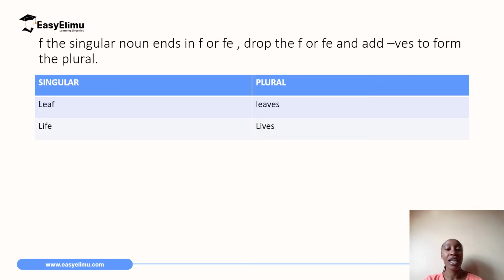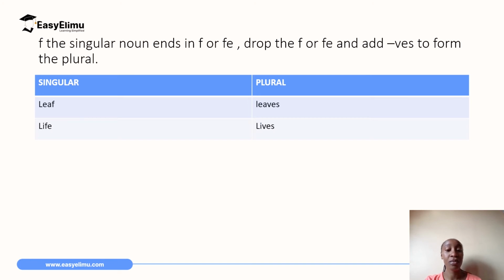Lastly, if the singular noun ends in an F or an FE, you drop the F or the FE and add VES to form its plural.